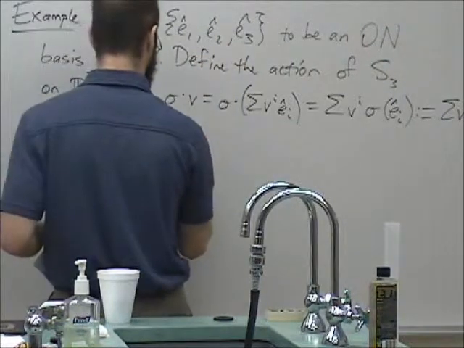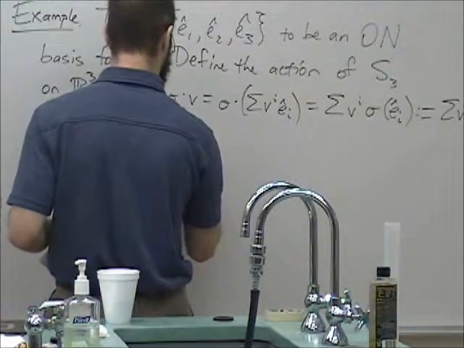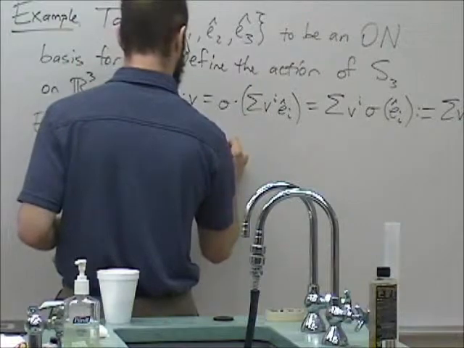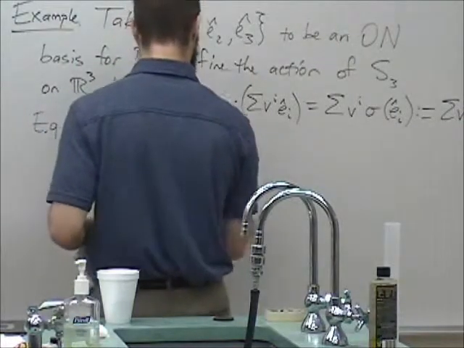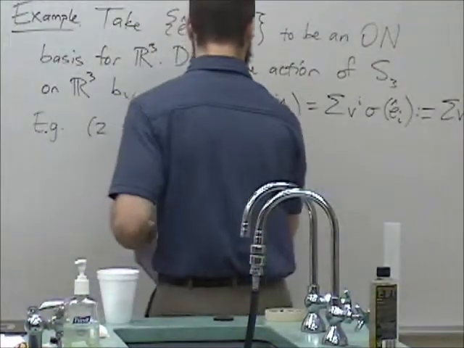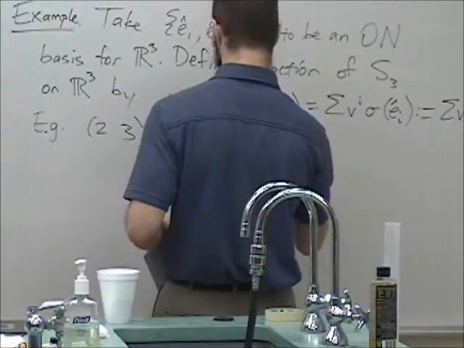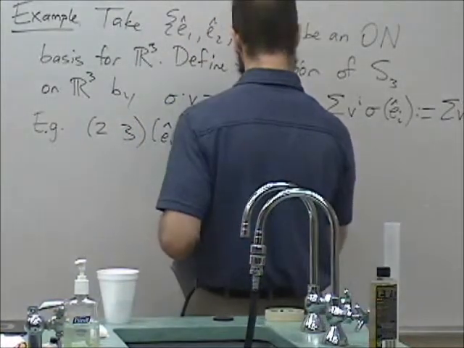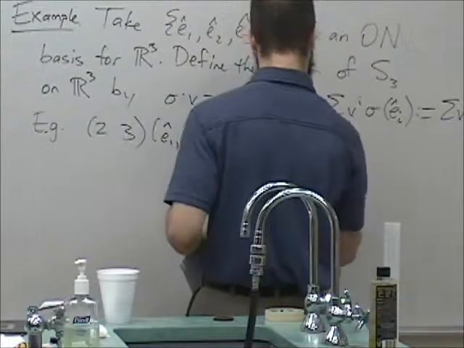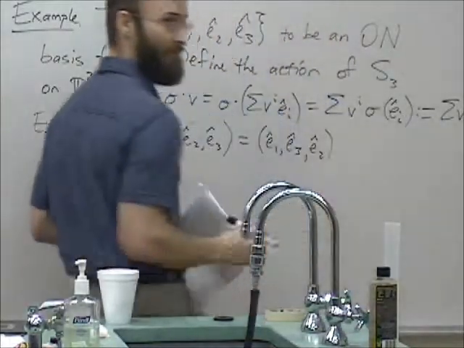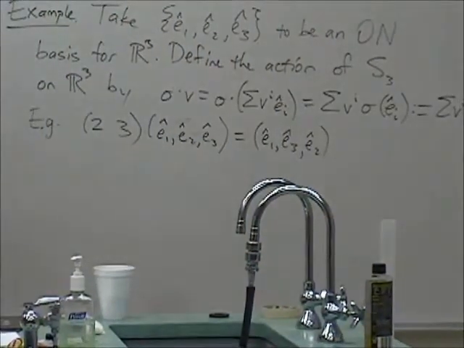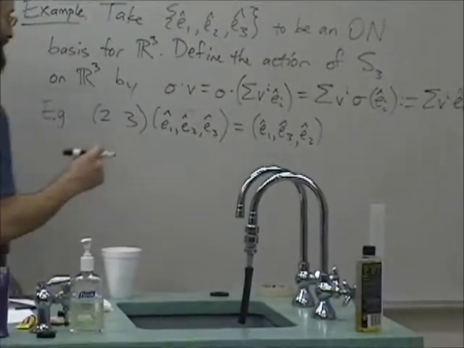I want to do the E1 because it's clear. E1, 2, 3. It's going to be E1, E3, E2. That's it. So this is what the action does.